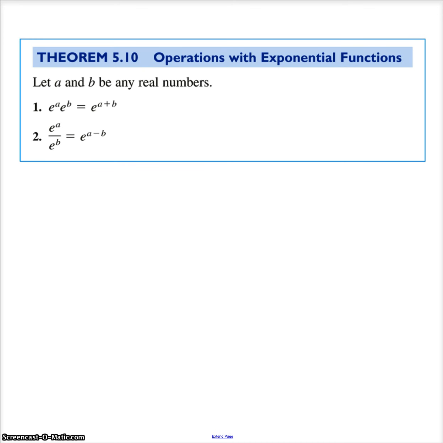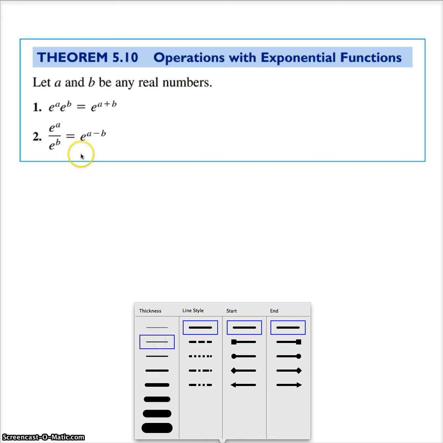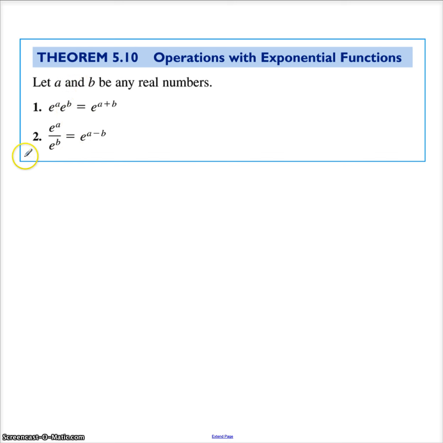Now let's look at operations with exponential functions. e to the a times e to the b is e to the a plus b. And e to the a divided by e to the b is equal to e to the a minus b. Now, let's see if I can show this. Let me look at the first one, e to the a times e to the b.